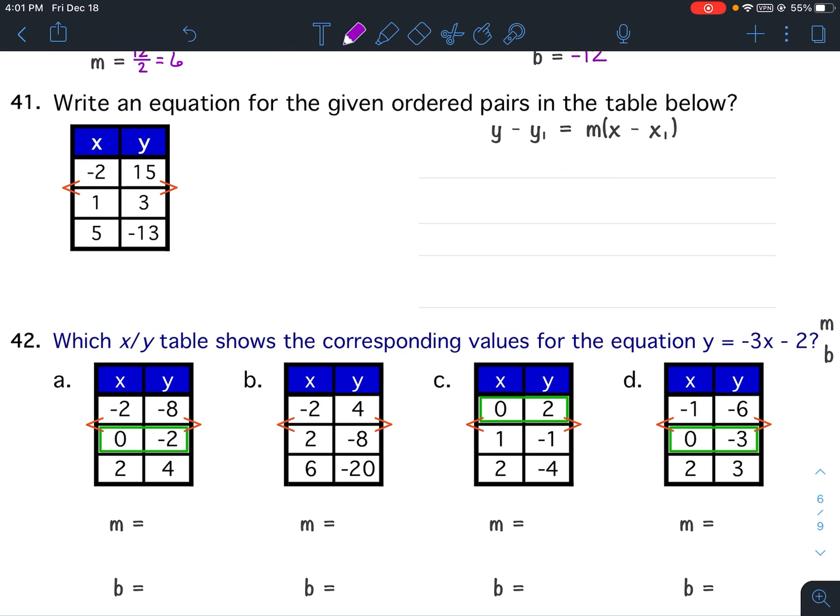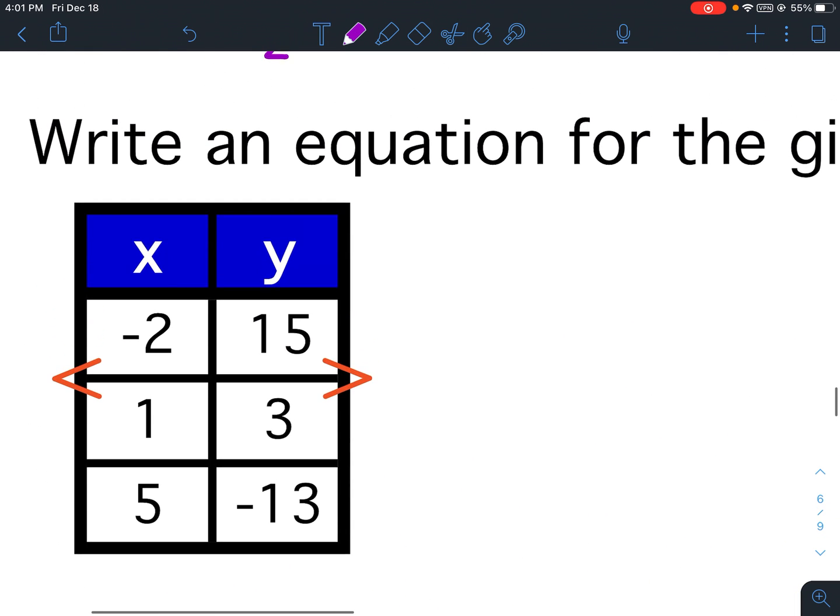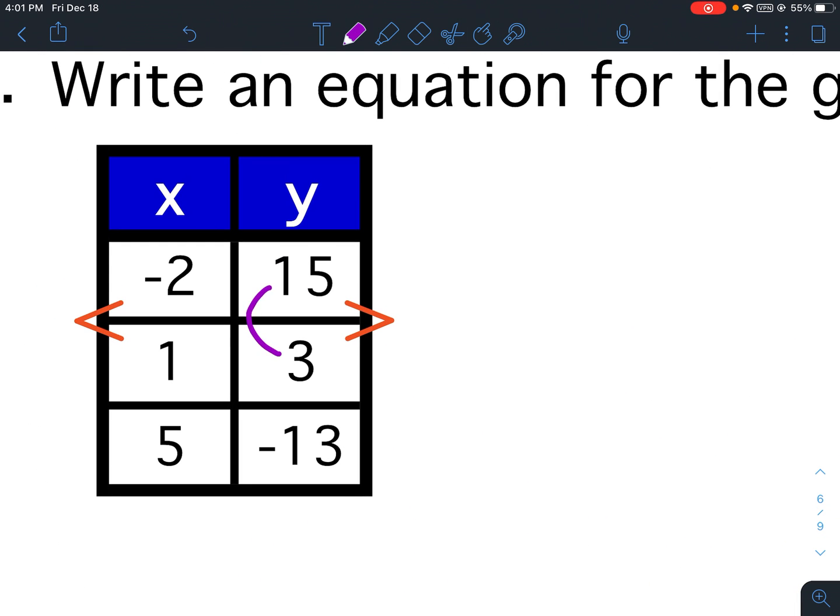So let's start by finding our slope. So I'm going to take 3 minus 15. That would be negative 12. And then I'm going to take 1 minus 2, negative 2.